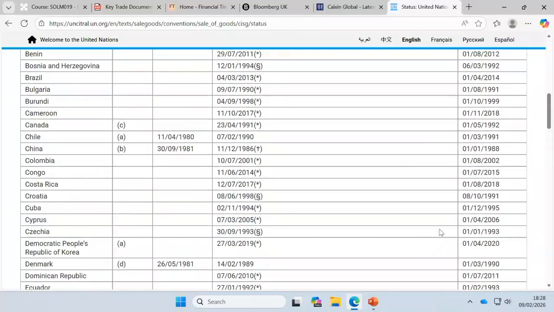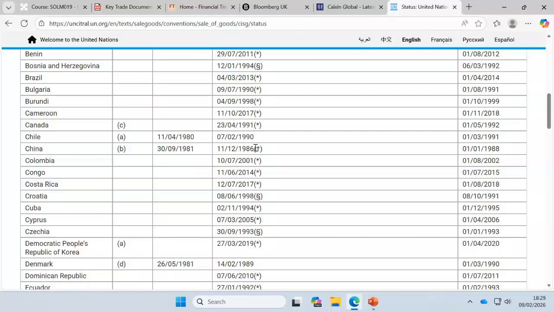But if we wanted to think about, for instance, transactions in goods, the world's largest goods exporter, China. Now, of course, when it joined the treaty in 1981, when it came into effect in 1988, China was certainly not the world's largest exporter of goods. It was, in fact, a tiny exporter of really just about anything.